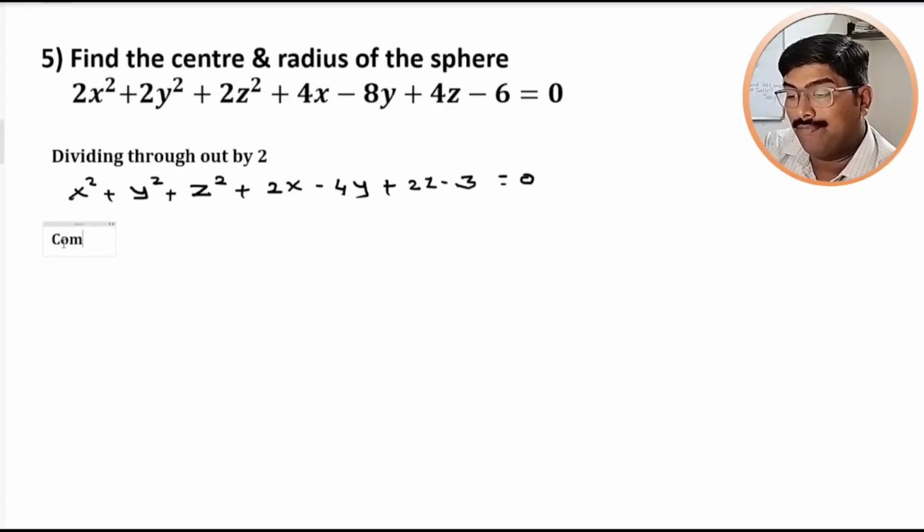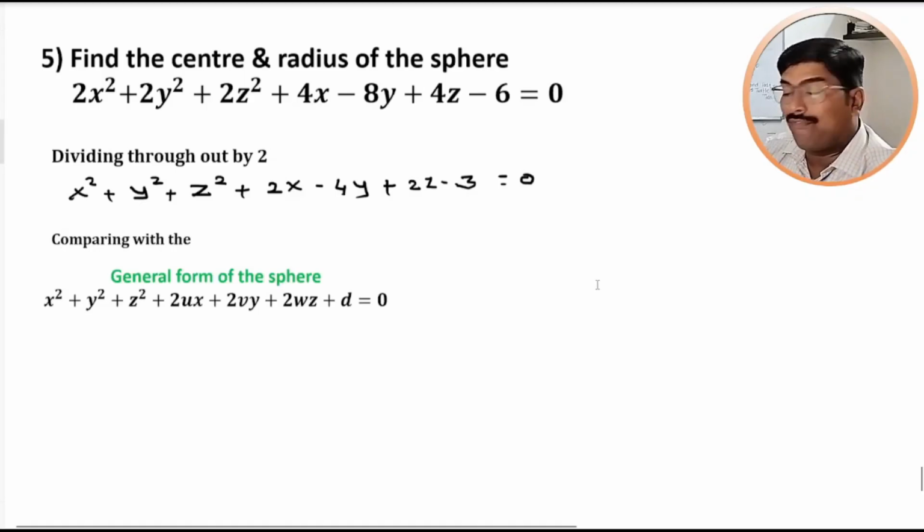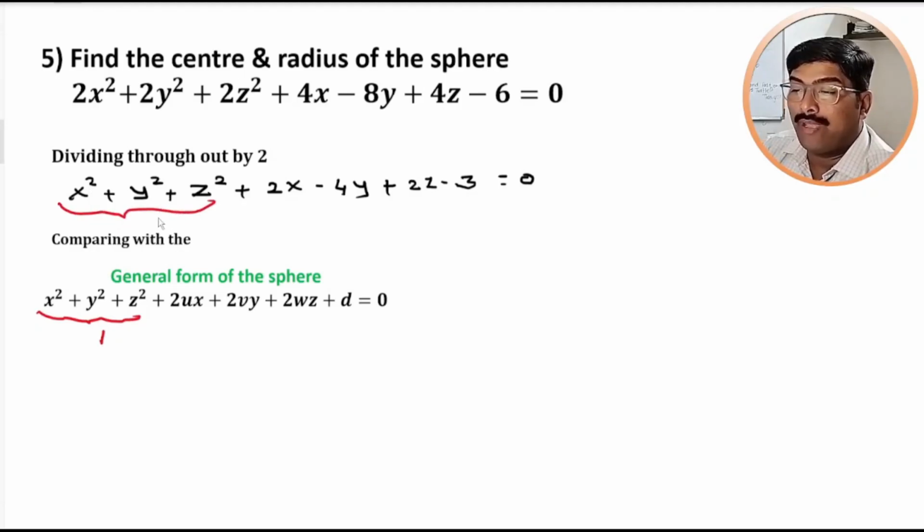Comparing with the general form of the sphere, you will come to know that the coefficient of x square, y square and z square is 1, and here also the coefficient of x square, y square and z square is equal to 1.